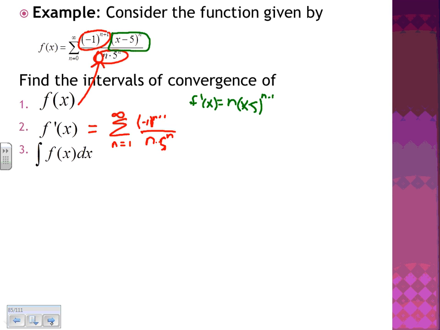Perfect. Now write it in series. Good. I'll let you go get that down. Now do the antiderivative in your group.